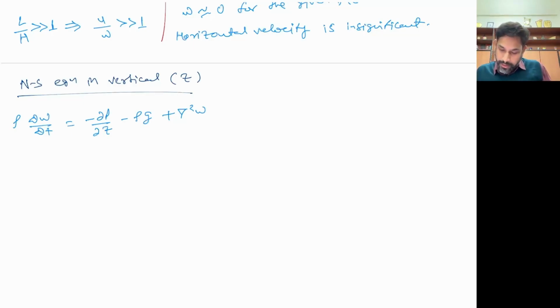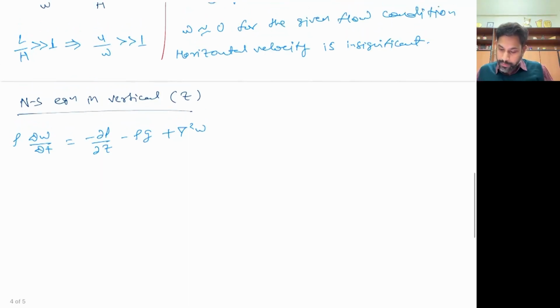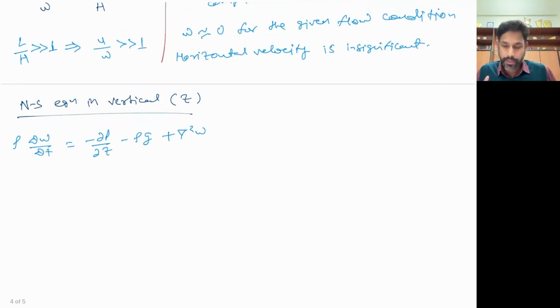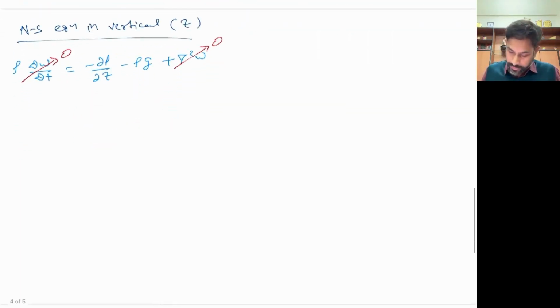We can make some simplification here, and that will be that w is now equivalent to 0, right? And that is why this must be equal to 0. If w is 0, dw by dt has to be 0. Likewise, del square w is also equal to 0, because w itself is 0. And what is w? That is the vertical velocity.